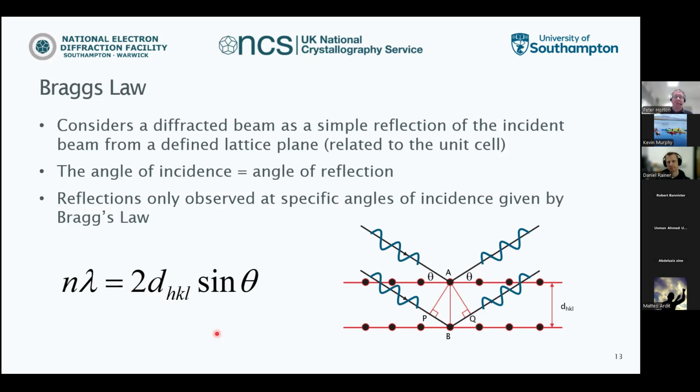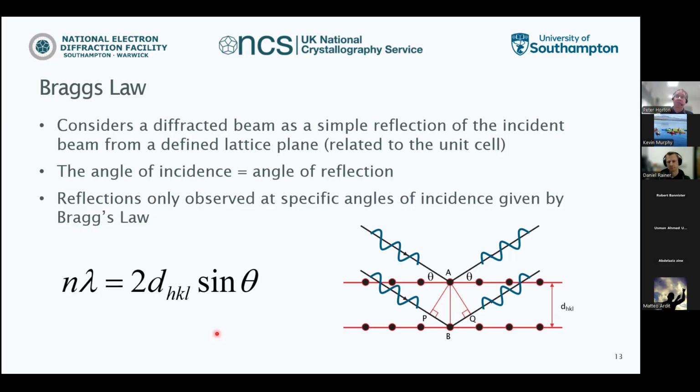So again, we are placing imaginary mathematical constructs, planes acting like mirrors within the crystal, to get these diffraction angles and reflections. The one thing that's observed is that only at very specific angles and specific distances will you observe a reflection.